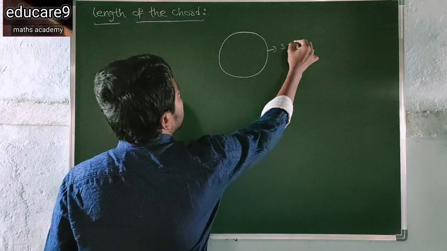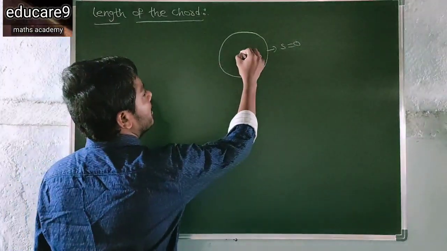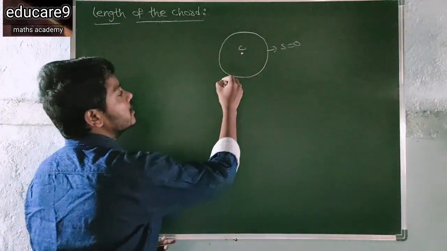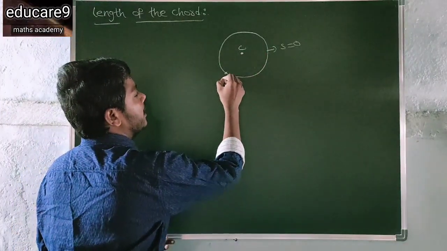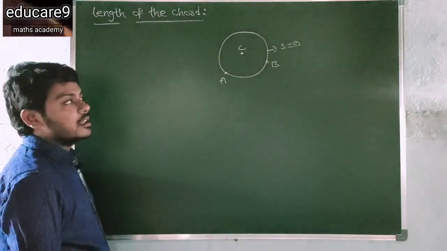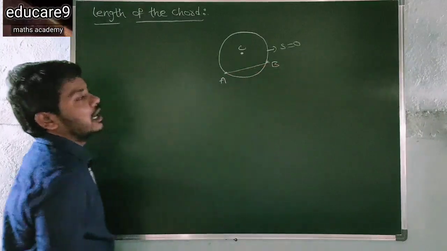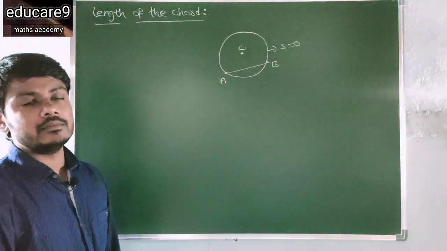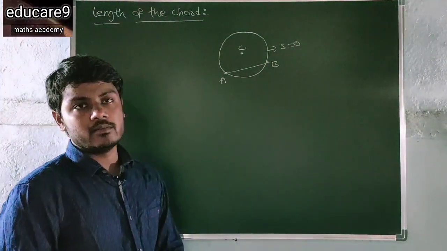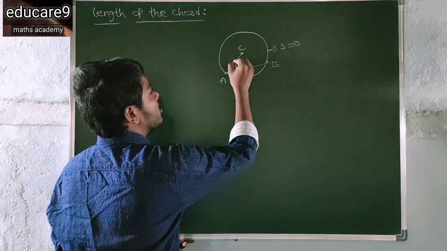So next concept, length of the chord. For example, this is the circle S is equal to 0, and this is the center of the circle. Suppose A and B are 2 points on the circle, then the line segment AB is called a chord of the circle. Now you need to find the length of the chord AB. So see here, you know that CA is what?